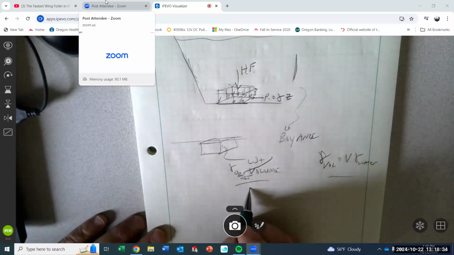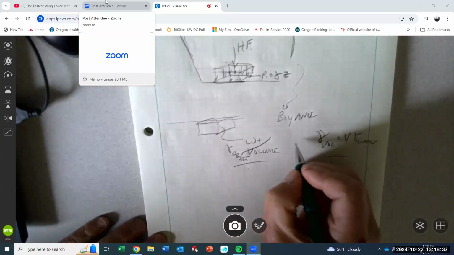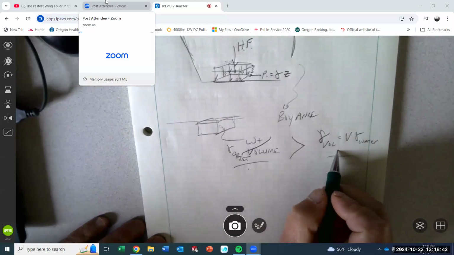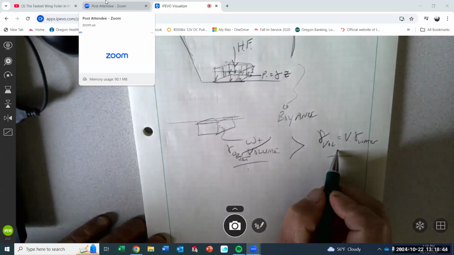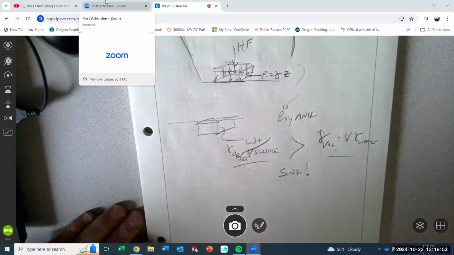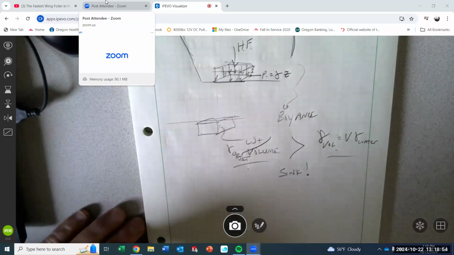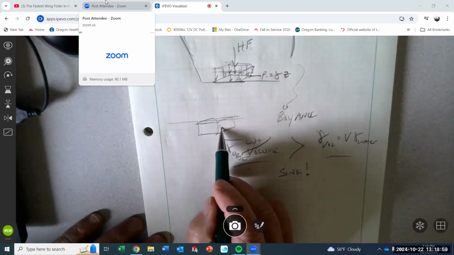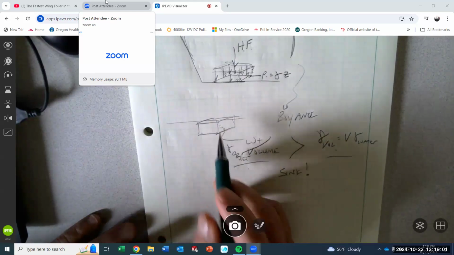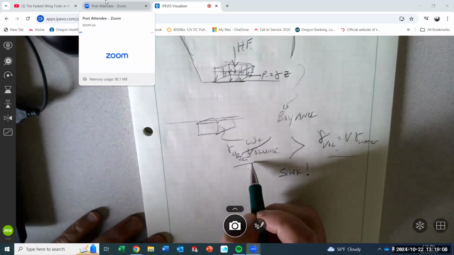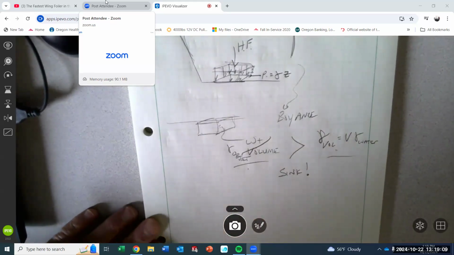If the object's specific weight is greater than the specific weight of the water displaced, then it's going to sink, right? So if this displaces more weight in water than what it has, then it's going to sink. If it displaces less weight in water than what it has in weight, then it's going to float, right?